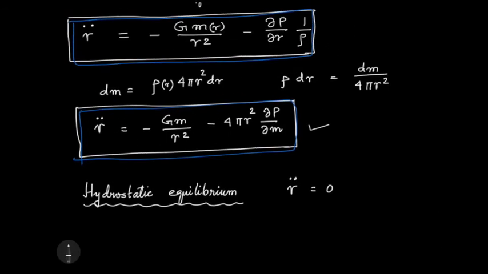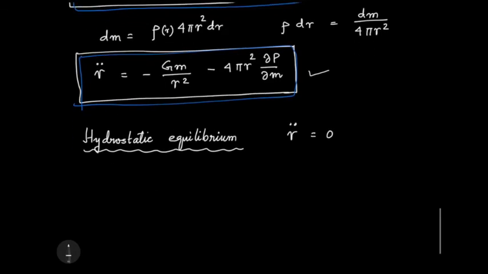Now in such a case, when it is in hydrostatic equilibrium, we get G M by r square. Remember that this is a function of r, equals 4 pi r square del P del m.